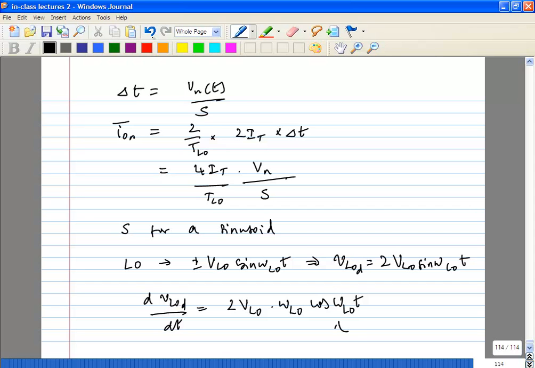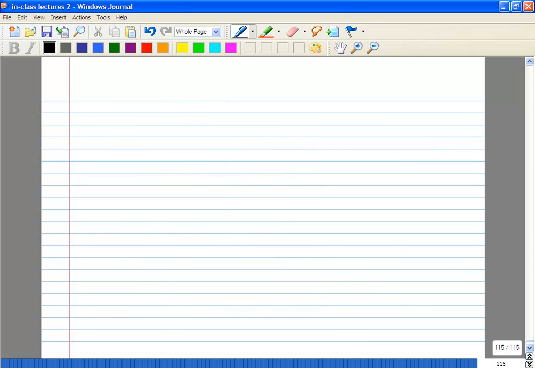So this is 1 at the 0 crossing times at n pi. This happens to be 2VLO omega LO. Okay, this is S. What is S times T? And omega LO times TLO is 2 pi.